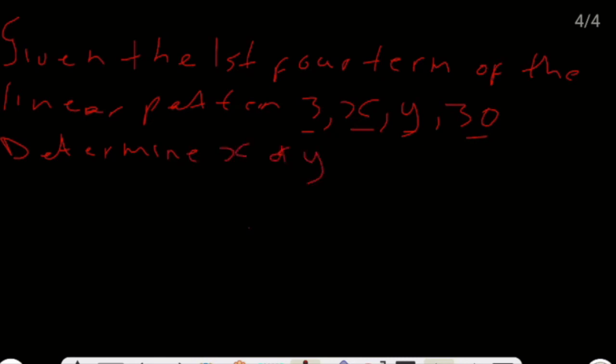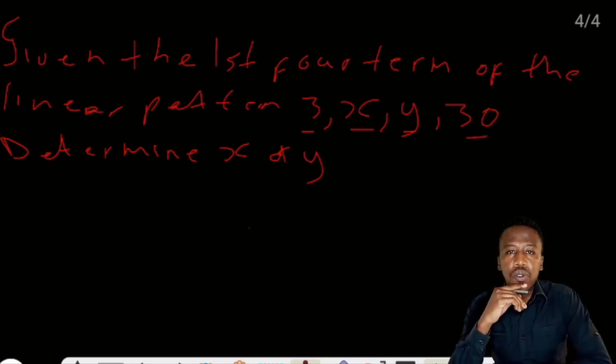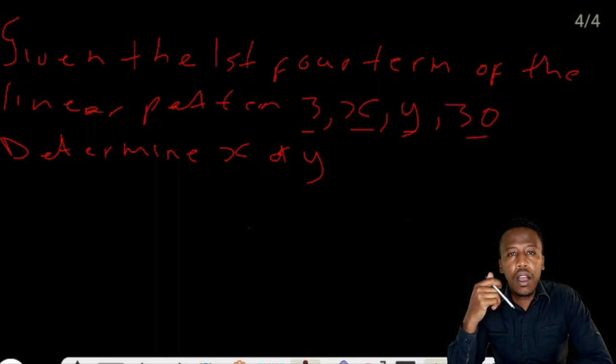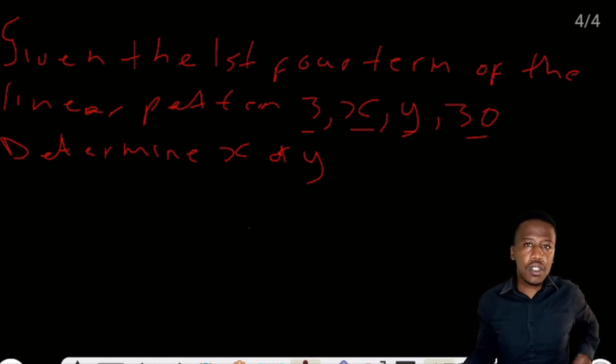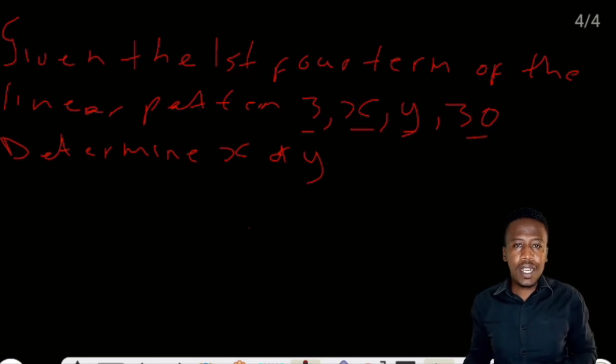Now what you need to do, like I said the last time, don't be thrown off by the x's and y's, because if you know the order of operation, or the basic requirements in solving linear patterns, the number patterns, you should be able to do this and not panic at all by being thrown away by the variables that are in the question.